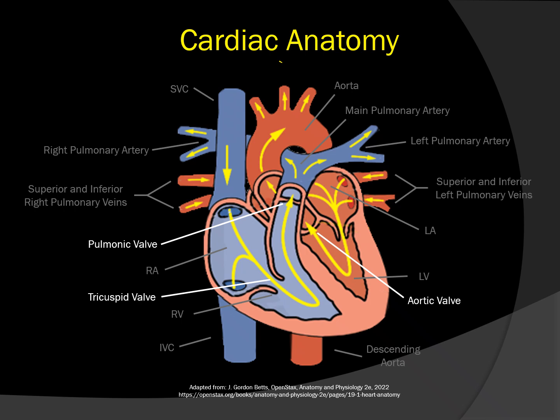This valve normally opens during ventricular systole and closes during diastole. The mitral valve lies between the left atrium and left ventricle. This valve is open during diastole to allow blood to flow into the left ventricle from the left atrium, and then closes during left ventricular systole to assure no backflow during ventricular contraction.